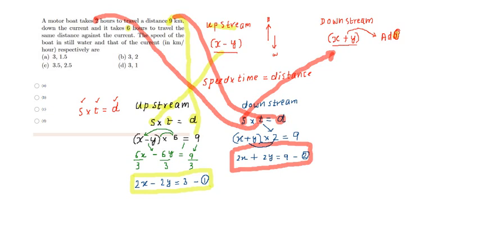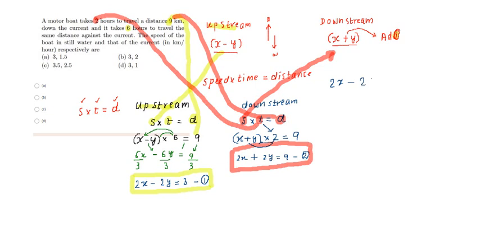Now you can solve two equations by any of the methods. Different methods are known: substitution method, elimination method, graphical method, cross multiplication method. Here the elimination method will be much easier because the y terms are equal with different signs, so addition will be enough.